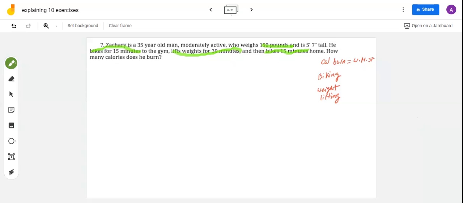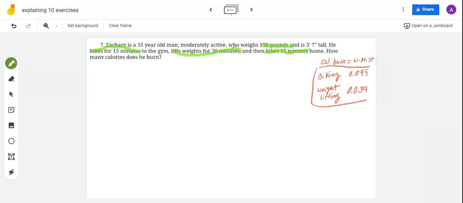So our scale factor for biking is going to be 0.045, right? For the weightlifting, it's going to be 0.039. Okay, so those are our scale factors in this nice little box, right? Because I did that in red, I'm going to switch to, let's do yellow this time. Okay.